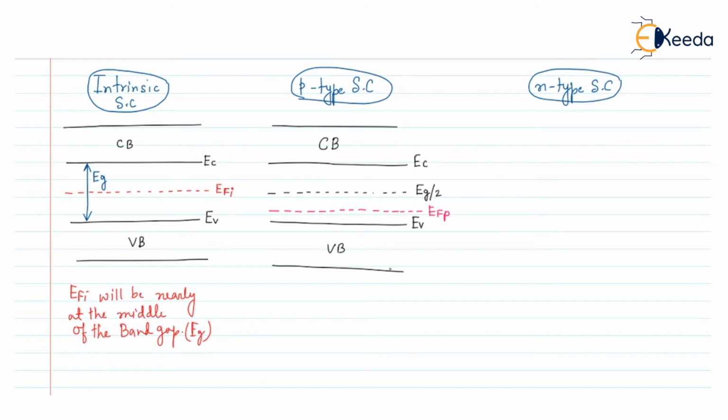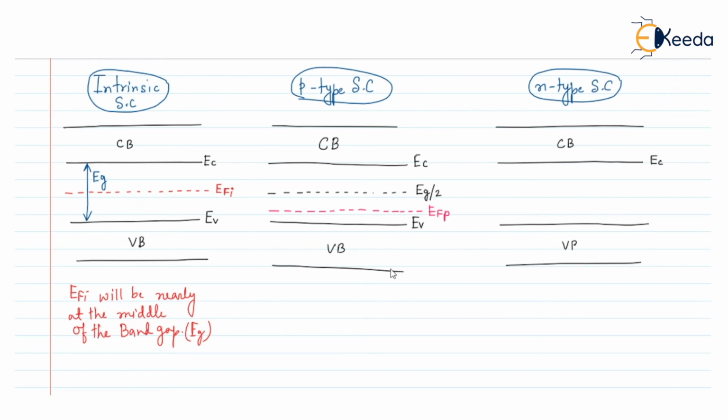Now, if we define the energy band diagram for the n-type semiconductor, there will similarly be a conduction band, and this is the EC energy level. Similarly, we have a valence band.